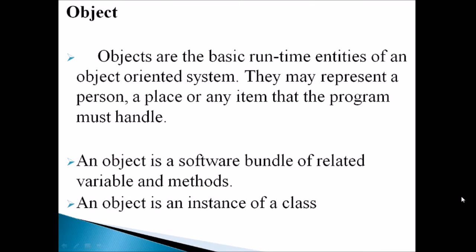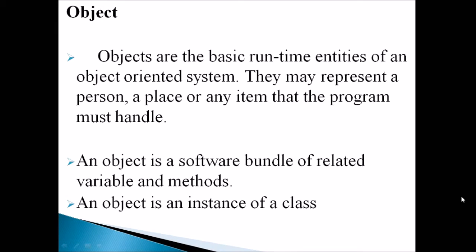Next, object. Objects are known as basic runtime entities. These objects will be created during the execution, during the runtime, since they are called basic runtime entities. So generally, object means what? We will say the things, right? Like a table, chair or even a person can be called as an object. Likewise here in the source code, everything will be considered as an object.